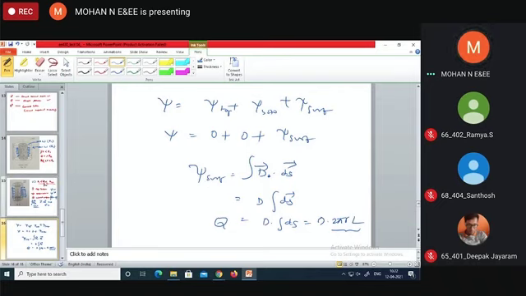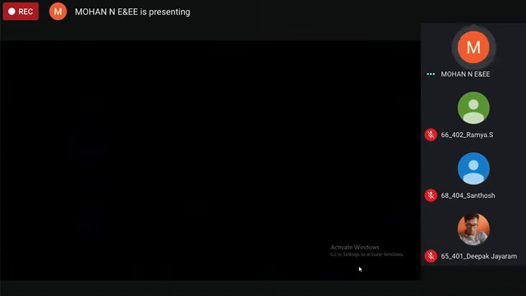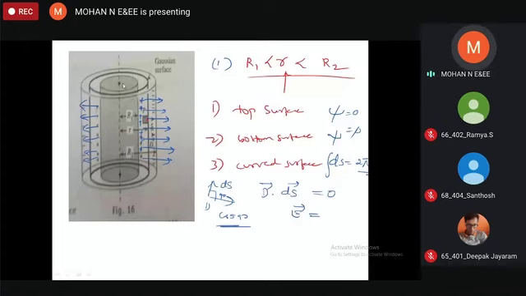Okay, any doubts up to this point? So what is the discussion here? The flux lines will not pass through the top surface as well as the bottom surface because they are perpendicular to the direction of the flux density.